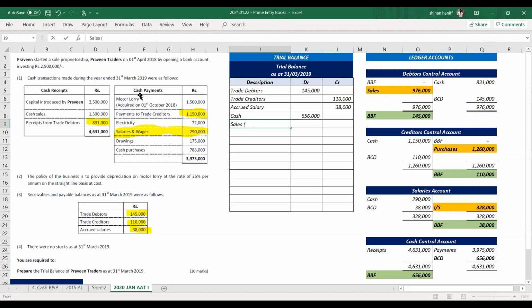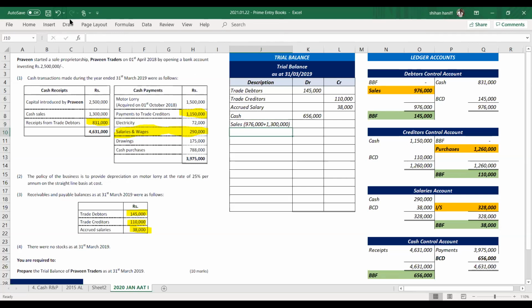Sales. From the debtors control account, we have calculated 976,000, which is credit sales. In the cash received, we have cash sales 1.3 million.